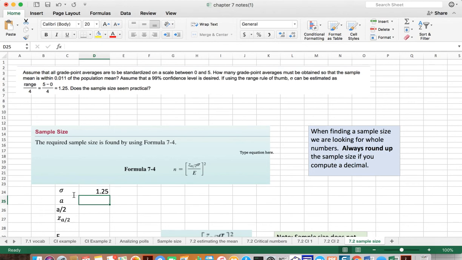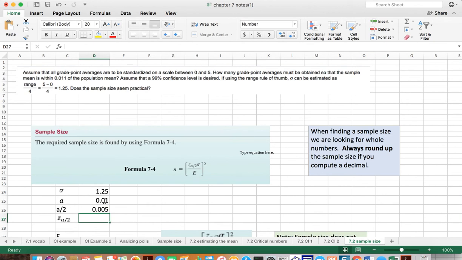If we want a 99% confidence interval, then our alpha is going to be 1 minus 0.99 or 0.01, and alpha over 2 is going to be 0.01 divided by 2, 0.005.